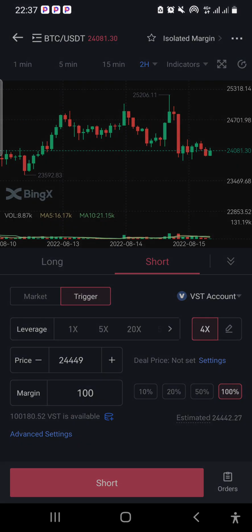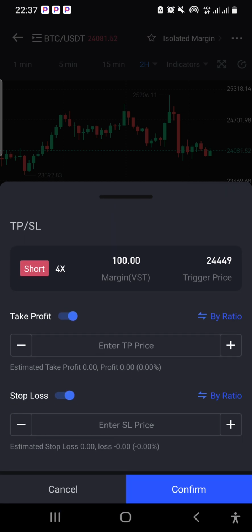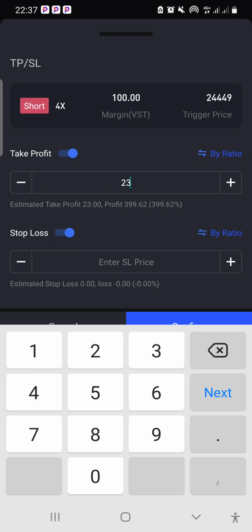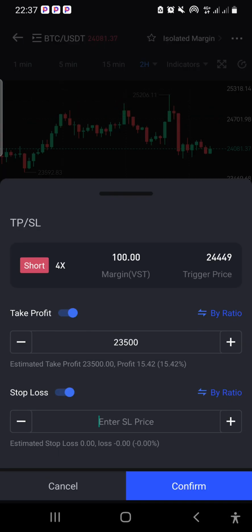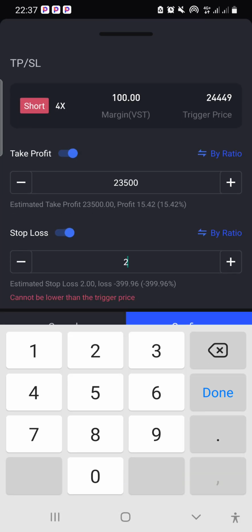So with 4x, you go back to your take profit and stop loss: 23,500, and then stop loss of 24,635. This is 3.15. It is above your risk, because our risk is 3% maximum, and I've already discussed this in the calculation of futures trading.